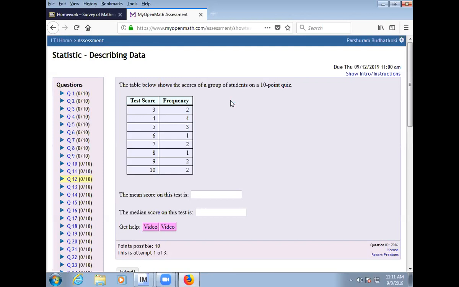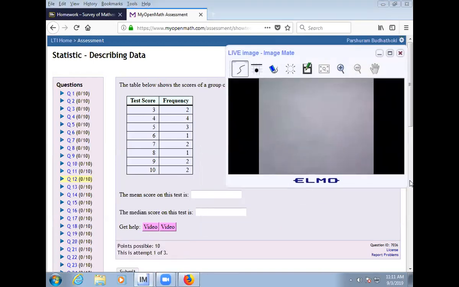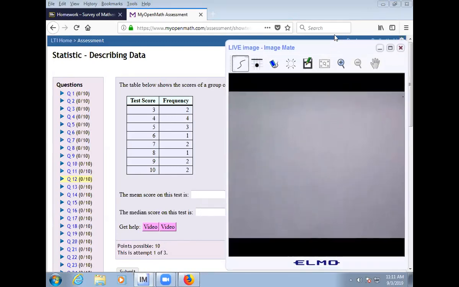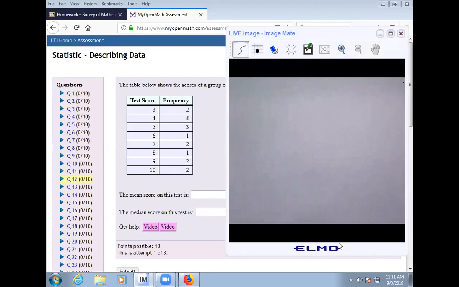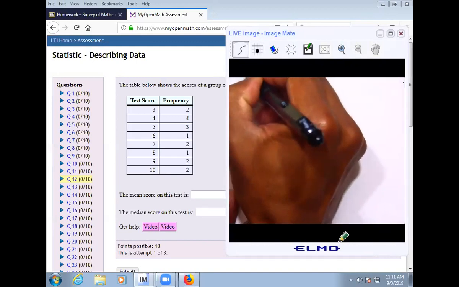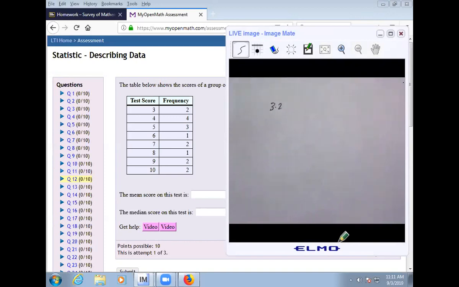So instead of doing that, you can also use multiplication. So I'm going to do that here. To find the mean, I'm going to multiply the data and then the frequency. Here, can you see this? Okay. So to find the mean, you can just multiply 3 times 2, right?